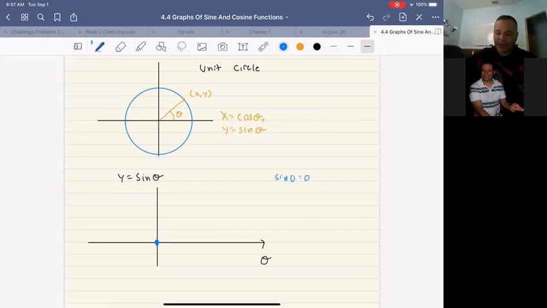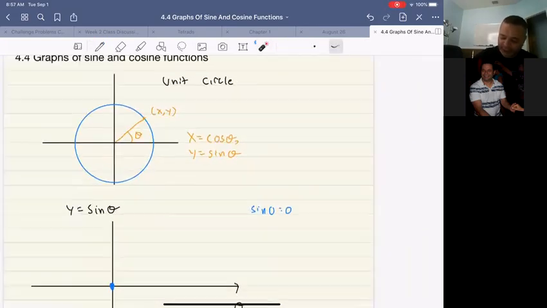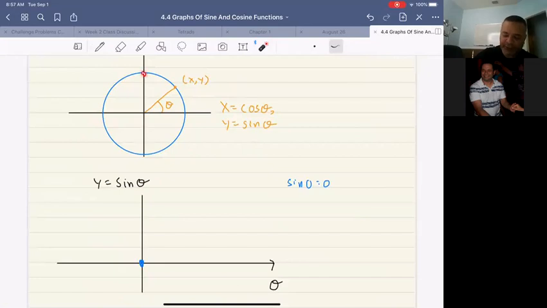The next point on my unit circle is this point up here. That angle is 90 degrees, but I'm going to be in radians, so I'm going to call it pi over 2. And the sine of pi over 2 is 1. You can see the y coordinate that goes along with this is 1.